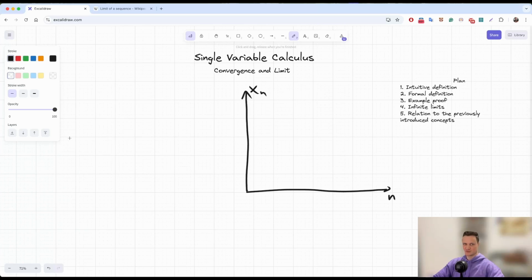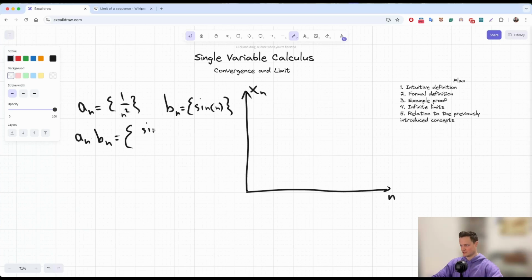During the previous lecture, we talked about an interesting property of infinitely small sequences: its multiplication by a bounded sequence is also an infinitely small sequence. So let's take some infinitely small sequence, for example 1 divided by n squared, and some bounded sequence, for example sine n, and consider their product, which will be sine of n divided by n squared.